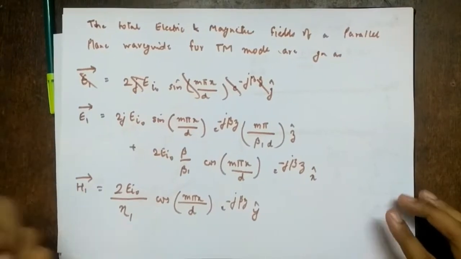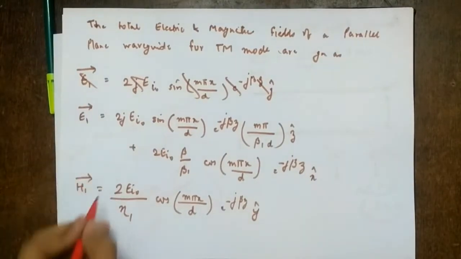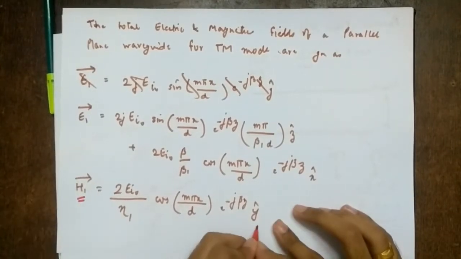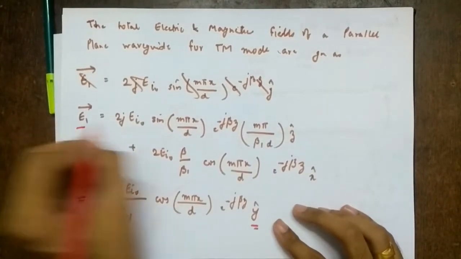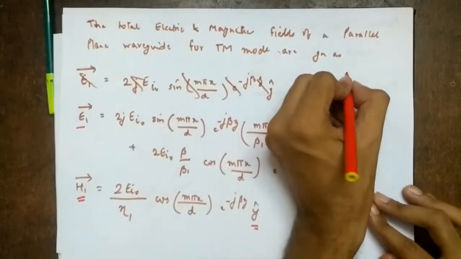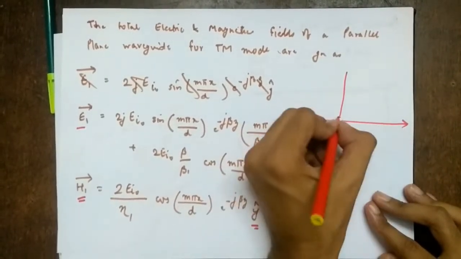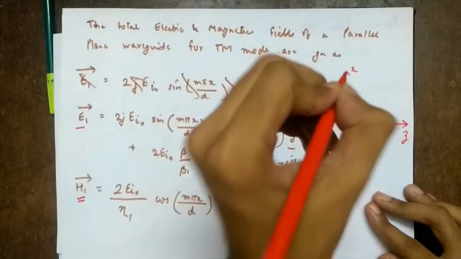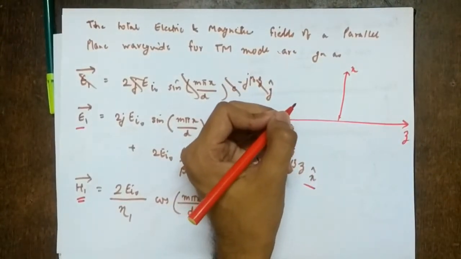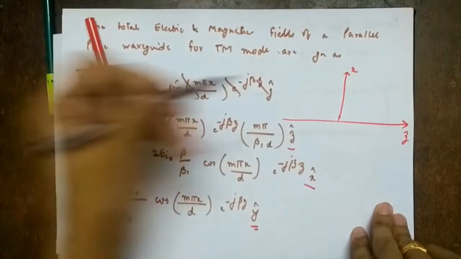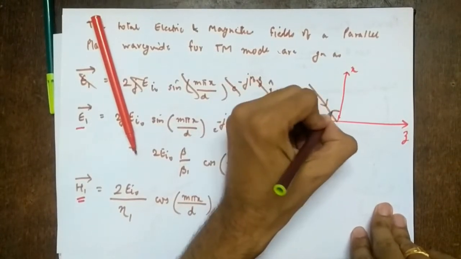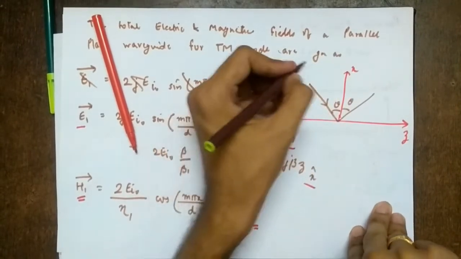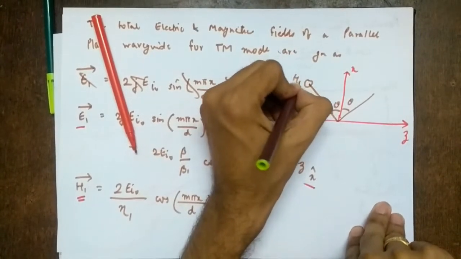Again, if you have not understood, I will tell you why this tells us that it is a TM mode. If you see, the H vector has y cap, and the E vector has z cap and x cap. Recall how we had assumed the reflection diagram at the start. This was z, this was x, and y was coming out towards you, and the wave was incident in this direction with an angle theta. It got reflected in this way, and we had used parallel polarization, right? This was Hi.